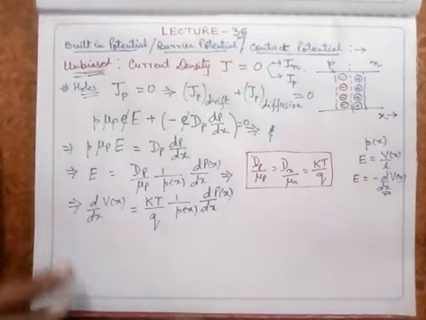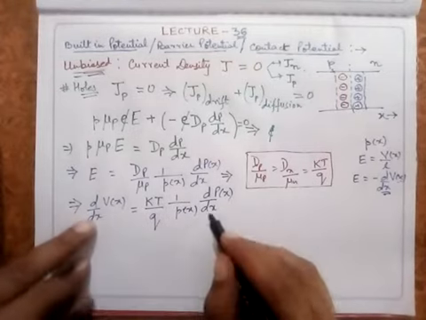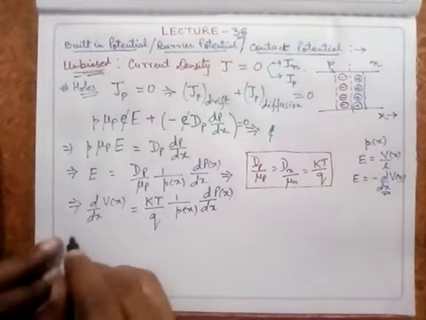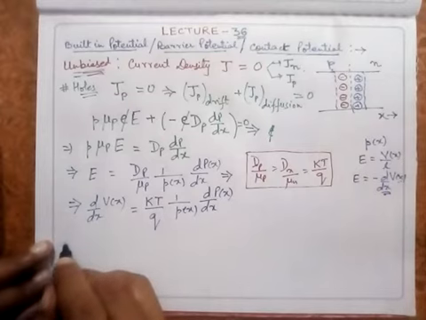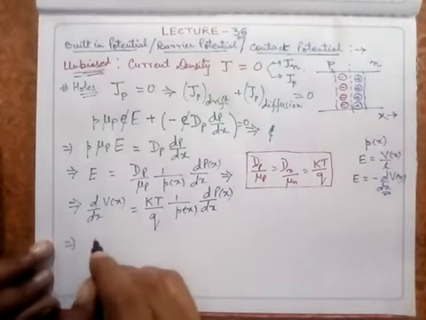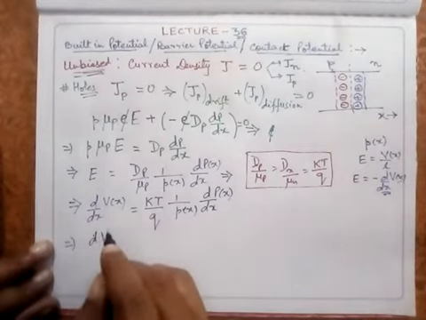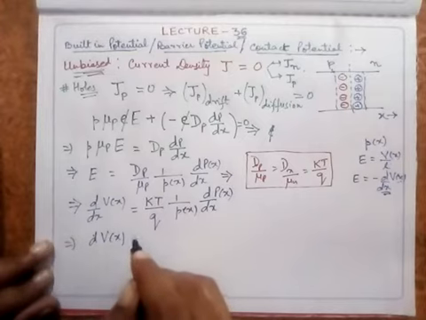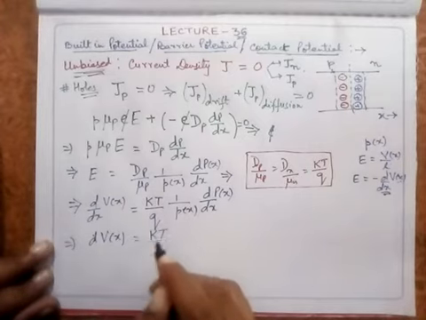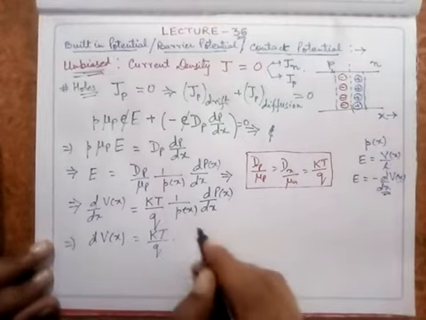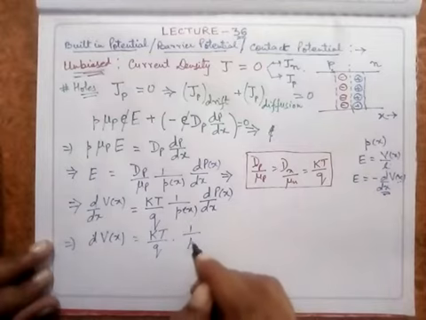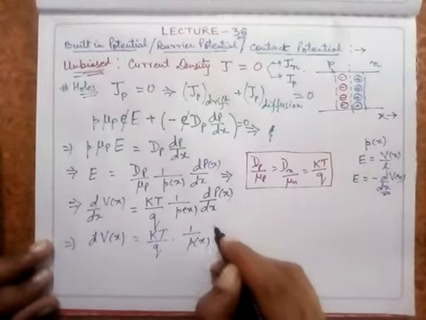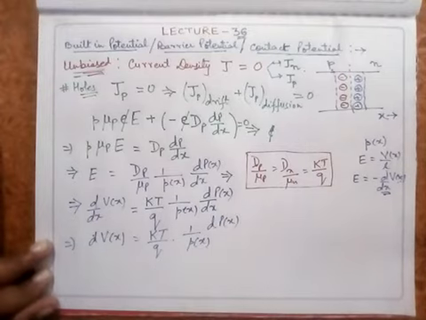Now dx and dx cancel. So this implies that d of V(x) is equal to kT upon q into 1 upon p(x) d of p(x).